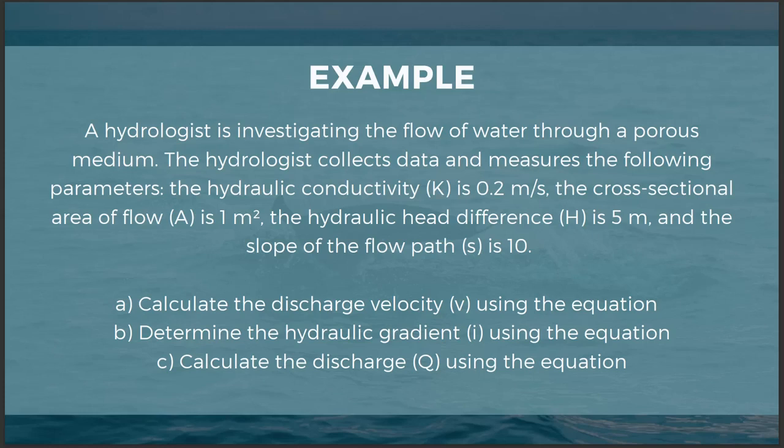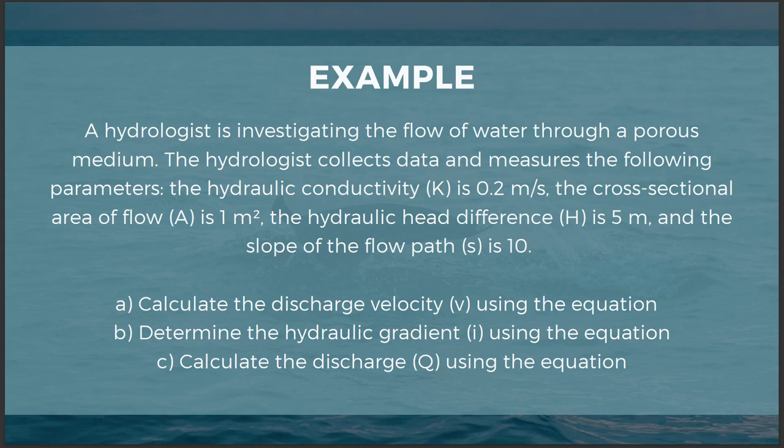So, x is 5 over 10, that is 0.2 meters. So that means V is equal to 0.2 times 0.2. That is 0.04. So, that is the velocity.